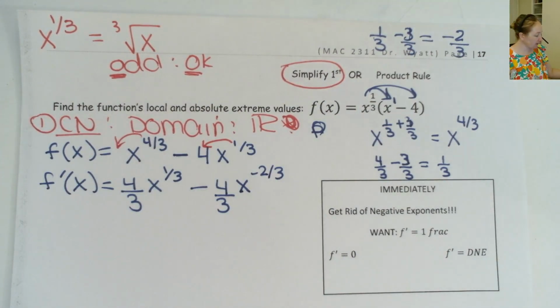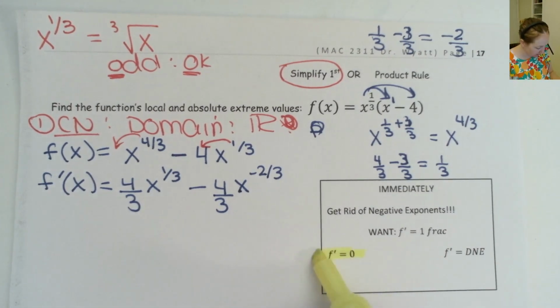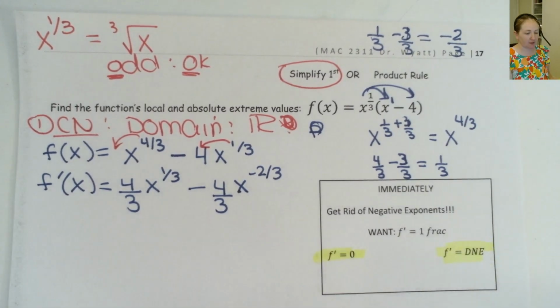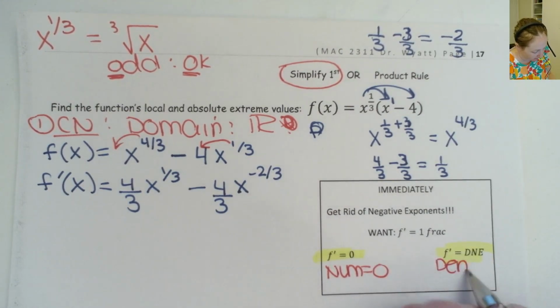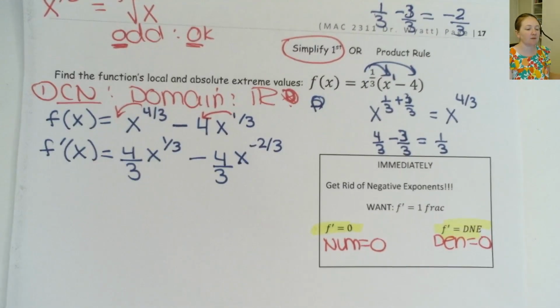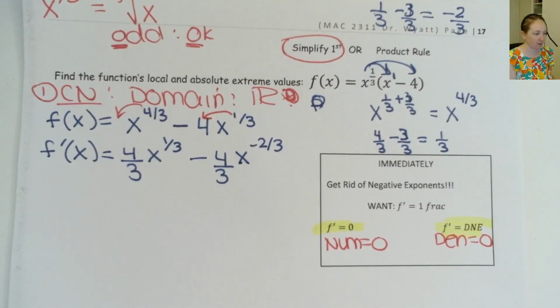And I'm supposed to set this derivative equal to 0 or does not exist. And remember, we talked about how f prime equal to 0 really amounts to setting the numerator equal to 0, and f prime does not exist amounts to setting the denominator equal to 0.